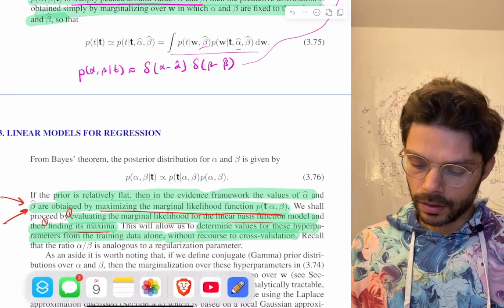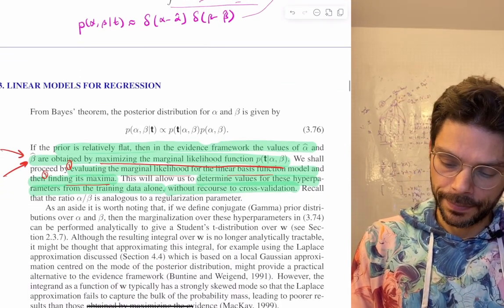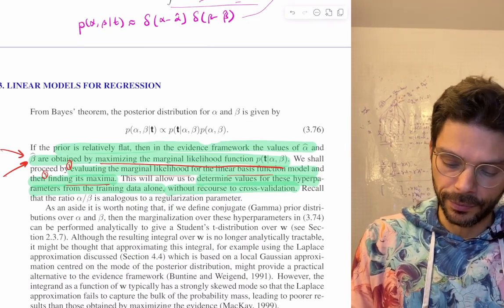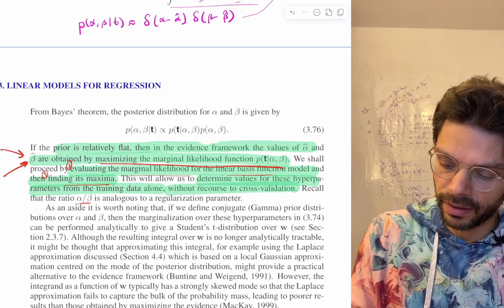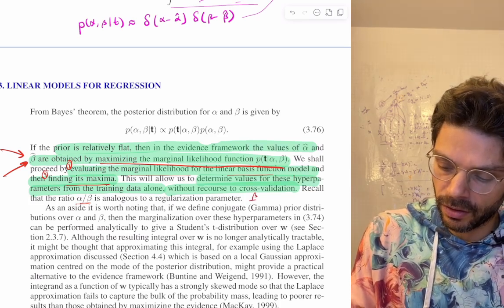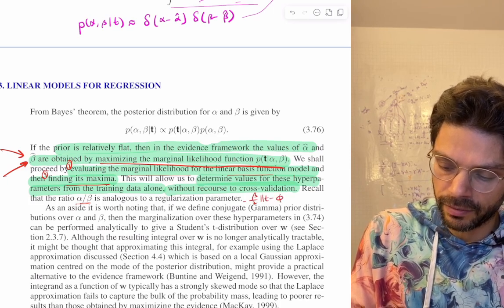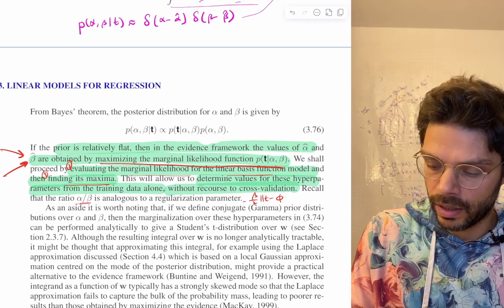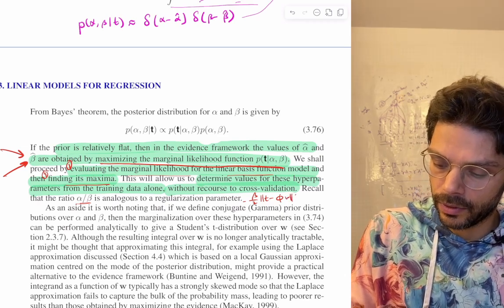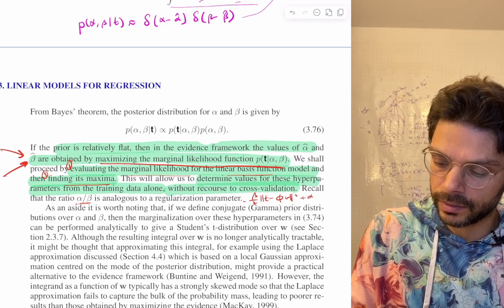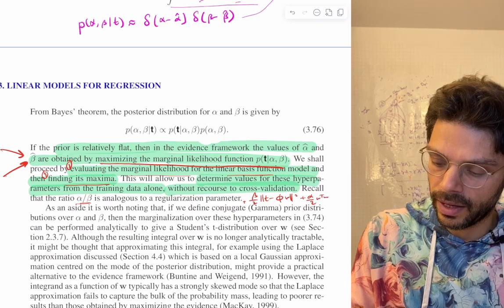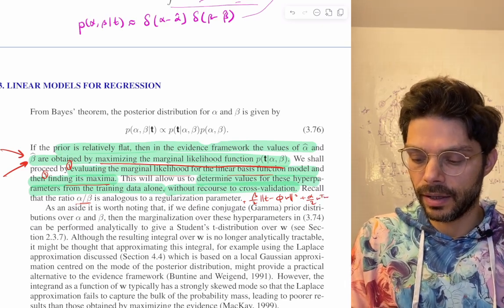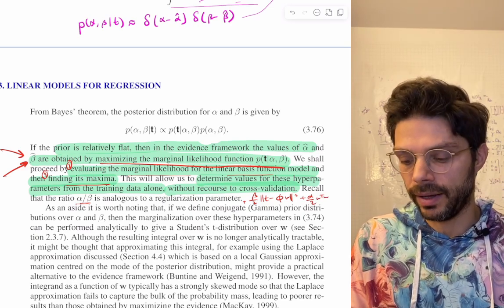Now let's have a look. One thing I just want to say, in case you've forgotten, is what alpha and beta are. We've got beta over 2 times some kind of loss function, phi of weights, plus alpha over 2 times the regularizer.